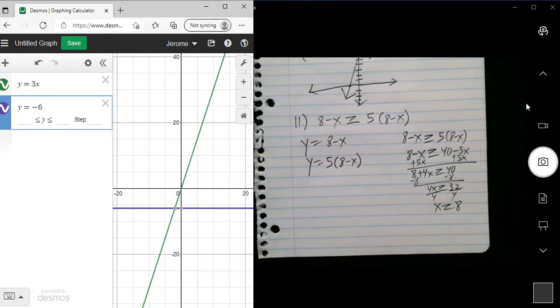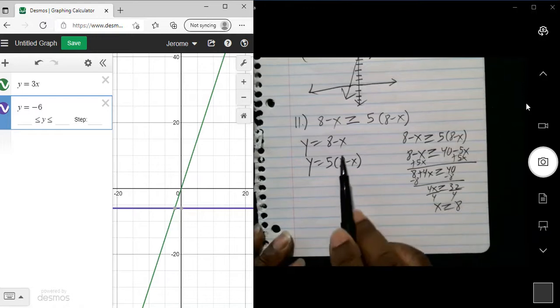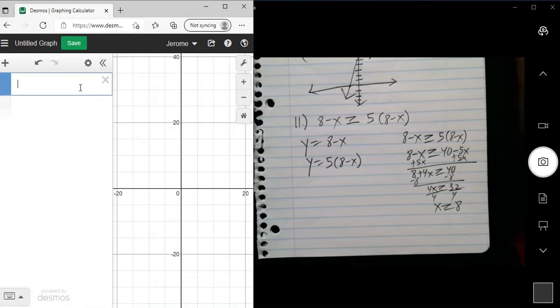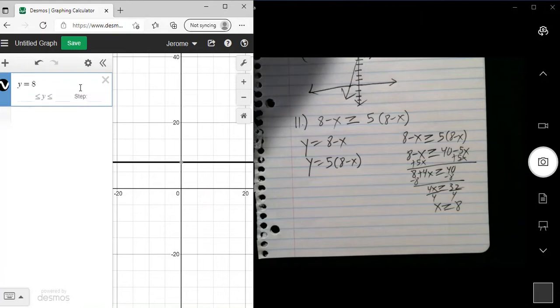Okay, so now we know that x is greater than or equal to 8. And then we come over here and we can actually graph this using Desmos. y equals 8 minus x.